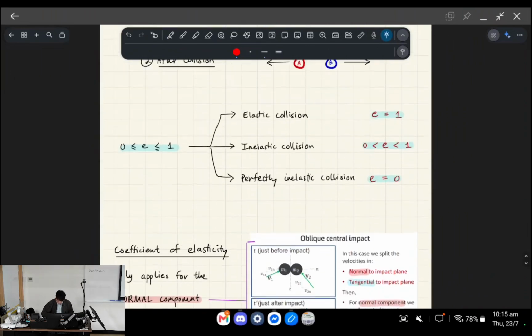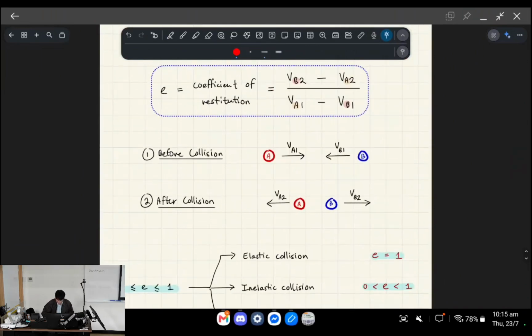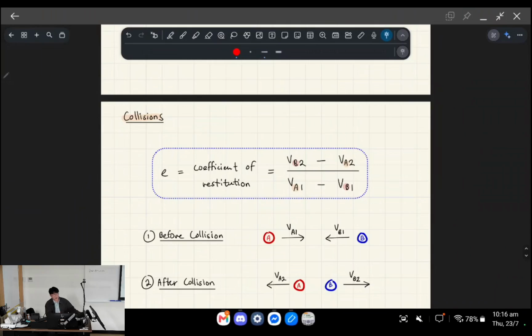I'll show you how this works in the context of a question, and usually it's used to give you an extra formula when you have two unknowns. So the idea is you're going to use conservation of momentum as one equation to help you figure out one potential unknown, and the coefficient of restitution equation is going to give you another equation. So you'll be solving two unknowns simultaneously.